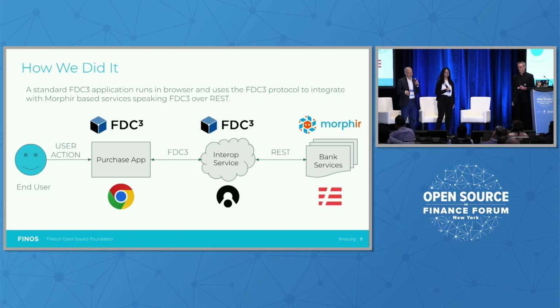For the sake of rapidly putting this together as a demo, this is all mediated through an interop service, in this case running in Connectifi, but this could be any service that can go between FDC3 and REST. What's unique about this, besides the use case and the use of Morphir, is that you're going from FDC3 to REST and back to FDC3 in a very seamless way. So we go to the next slide.